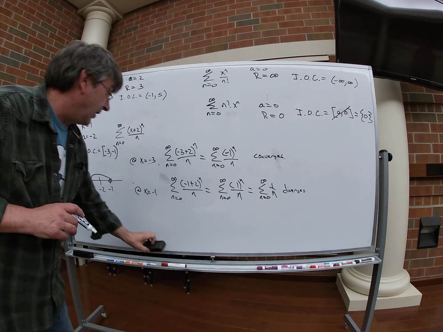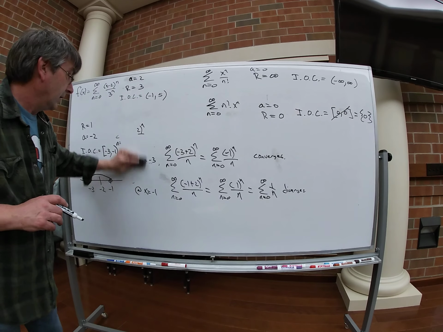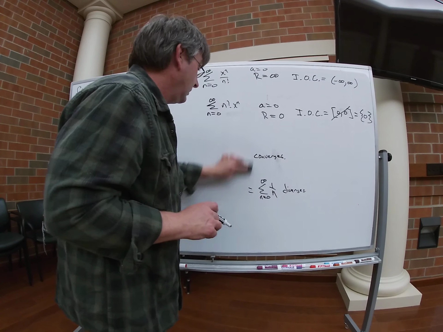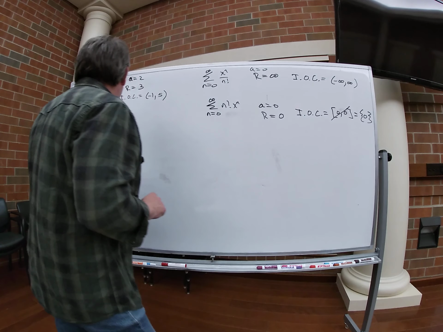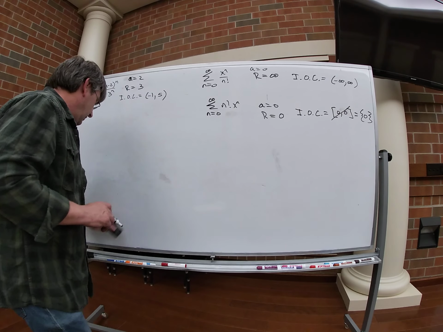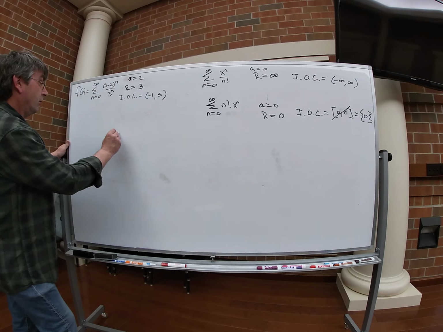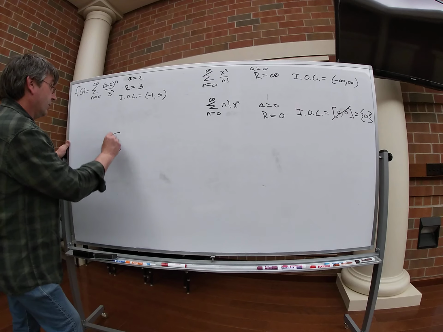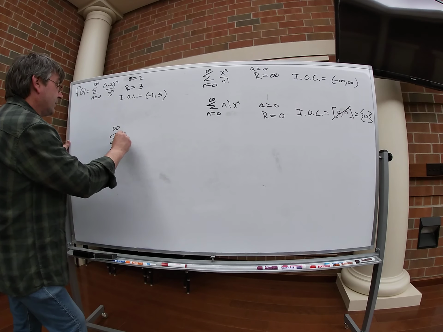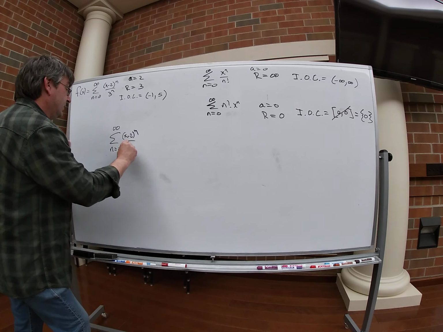Another way to think of that function. Yeah, let me get rid of this. This series, rather than using the ratio test on this guy, notice my terms. So let me write this out again. Sum n equals 0 to infinity, (x minus 2) to the n over 3 to the n.